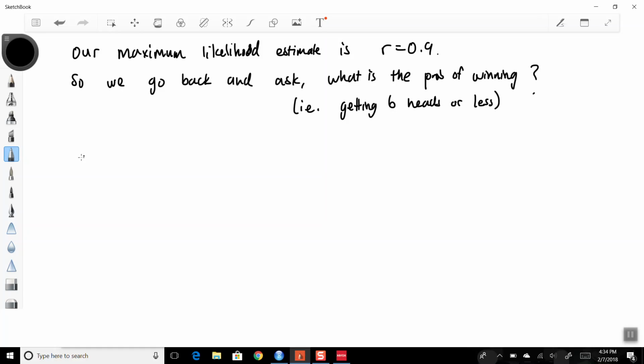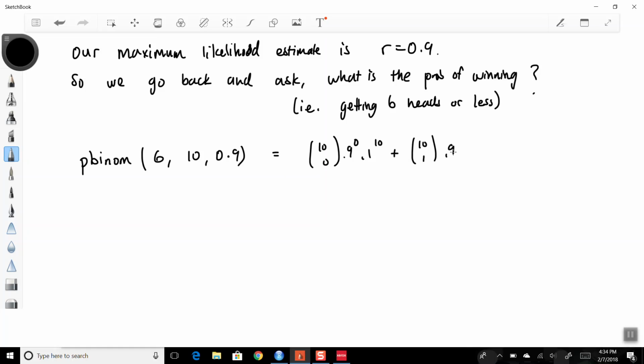Okay, and so here, if I want to answer this in R, I would just do pbinom(6, 10, 0.9). Because this is equivalent to doing 10 choose 0, 0.9 to the 0, 0.1 to the 10, plus 10 choose 1, 0.9 to the 1, 0.1 to the 9, plus so on and so forth until 10 choose 6, 0.9 to the 6, 0.1 to the 4.